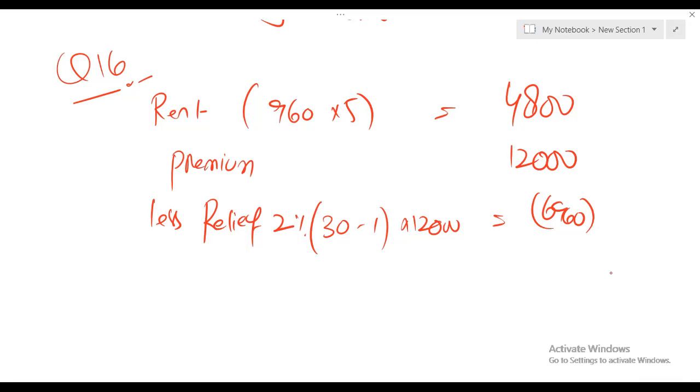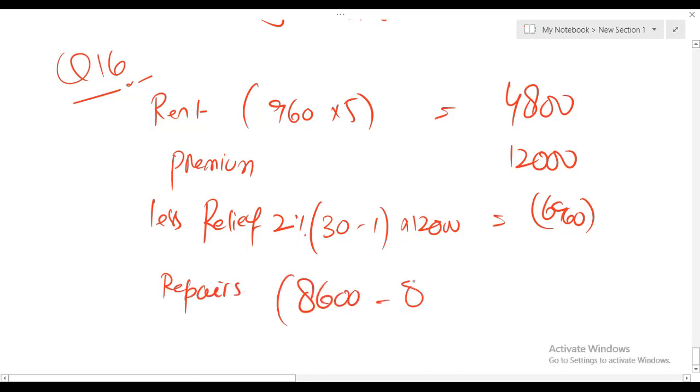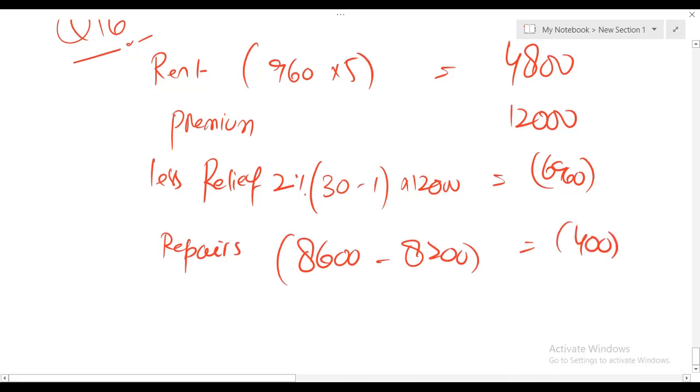Then we need to deduct repairs. 8,600 minus 8,200 gives us 400. Insurance paid, which is 480.